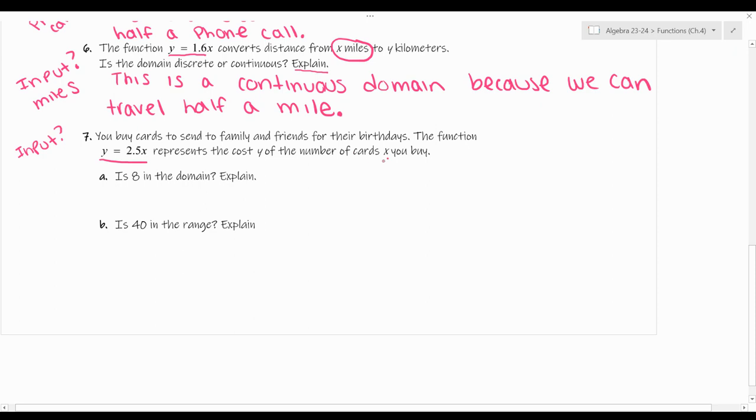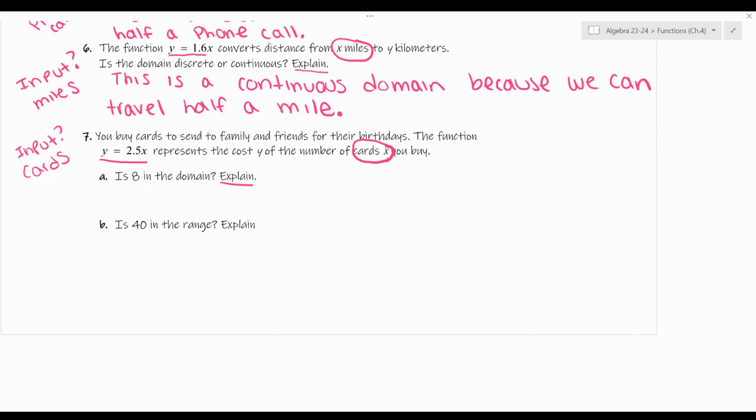Again, I really like this one because it includes the variables that we're pretty used to seeing. So our input is actually cards. Once I know that, now I'm going to read the rest of the question. And it says, is 8 in the domain? Explain. Remember, explain means you're writing me a sentence with a capital letter and a period.